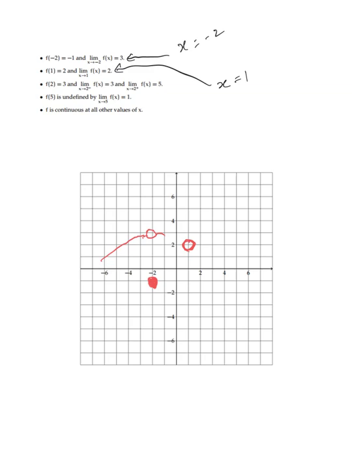So we can make a nice open circle there, and we can make little tags to remind ourselves that the curve has to attach like that. We're also told that f of 1 equals 2, which means at x equals 1, the actual value of the function is also 2. That means we need a solid dot right there.